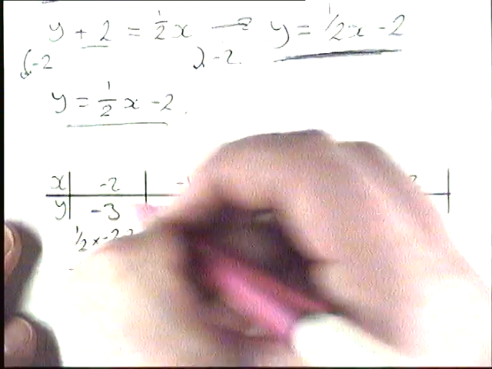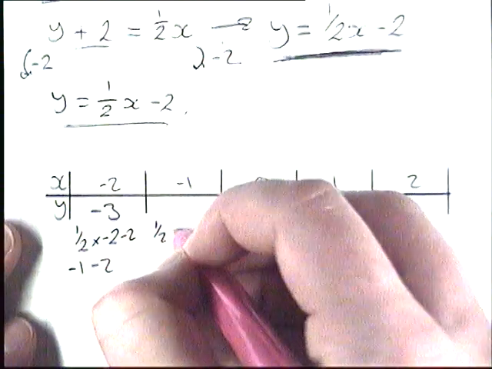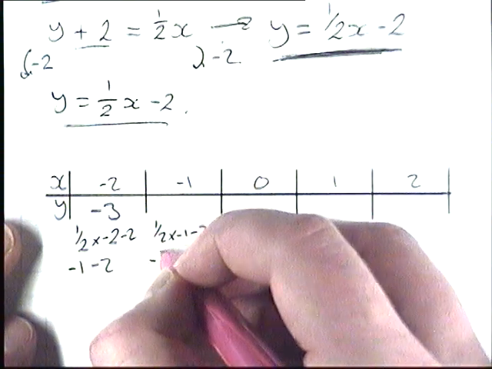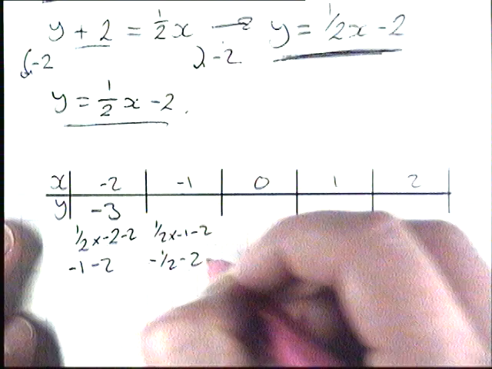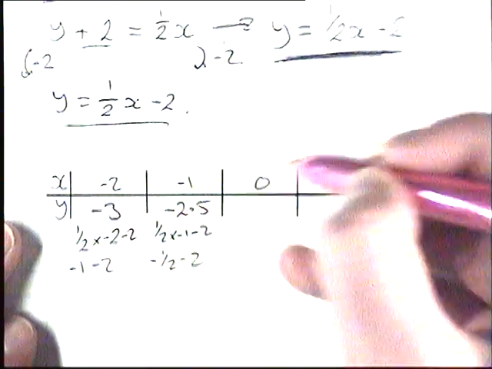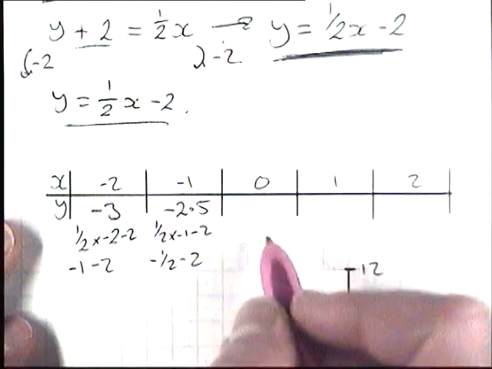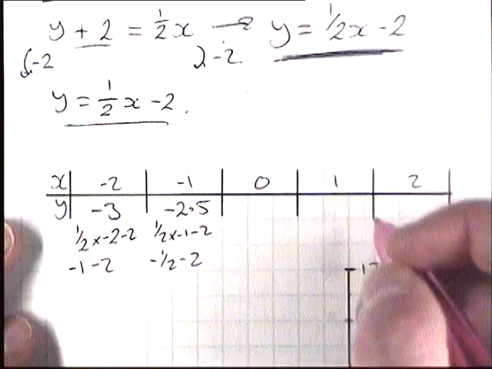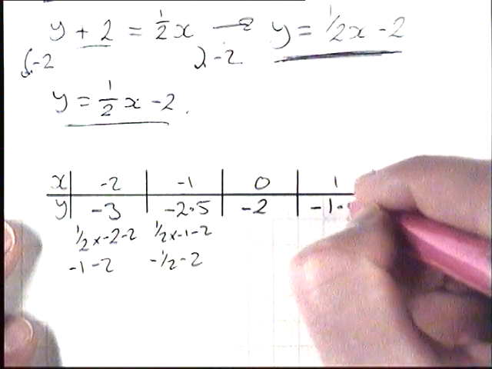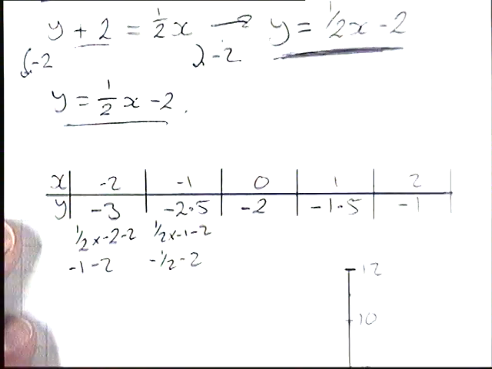Minus 2 is -3. Then -1 times a half minus 2 is minus a half minus 2. So that will give us -2.5. And then we can fill in the rest by counting up in halves. So we've got -2, -1.5, and -1.